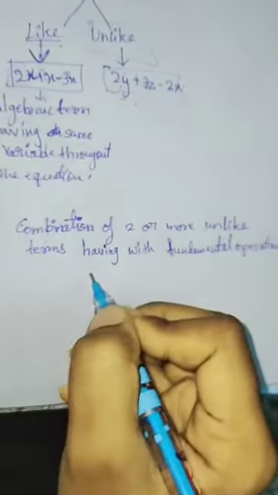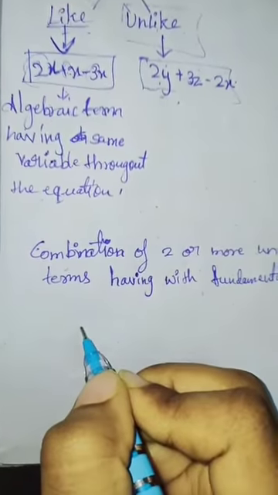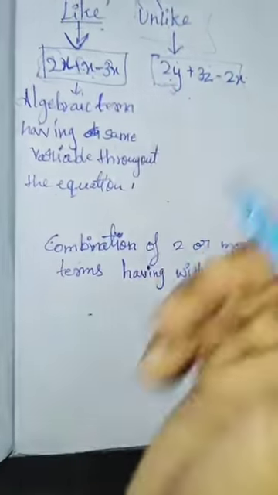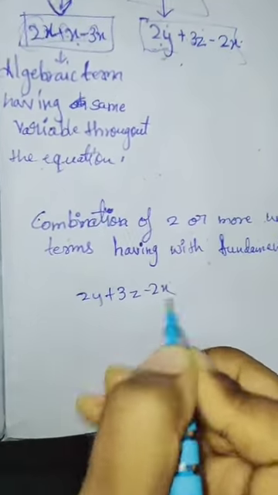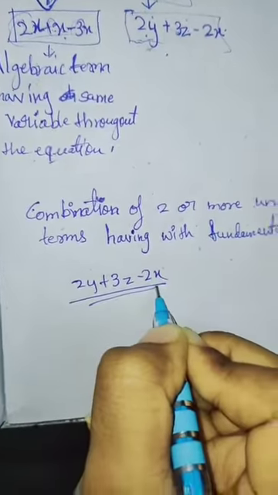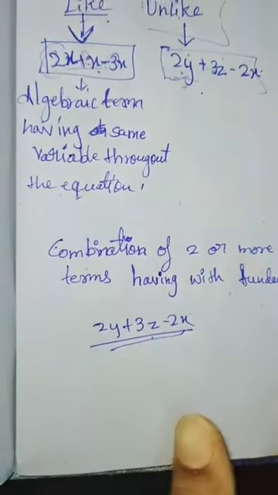These are called algebraic expressions. For example, let us take 2y plus 3z minus 2x. This is also called an algebraic expression.